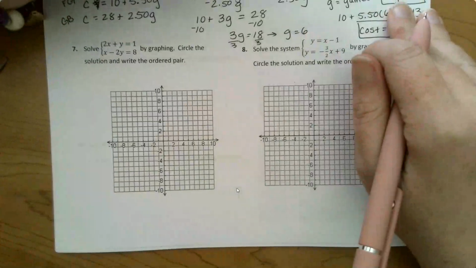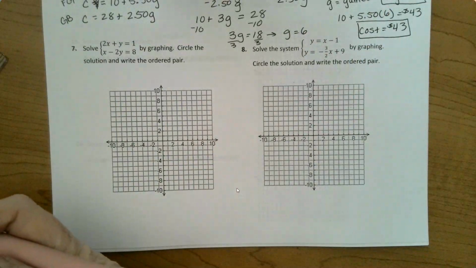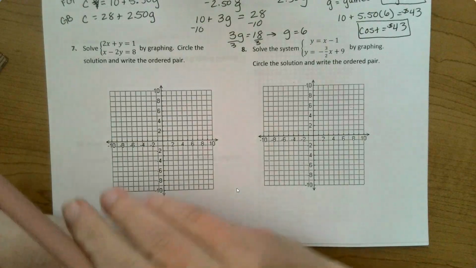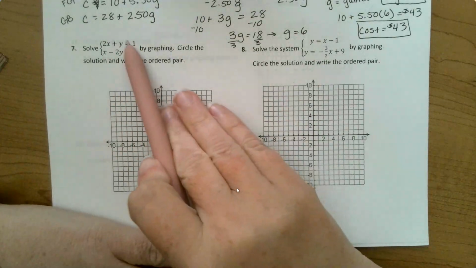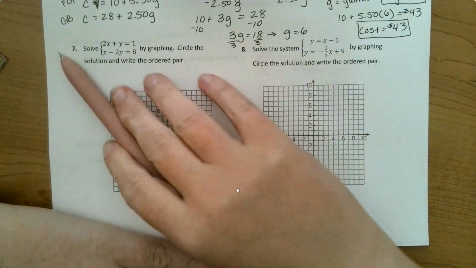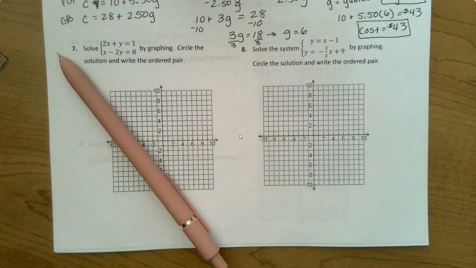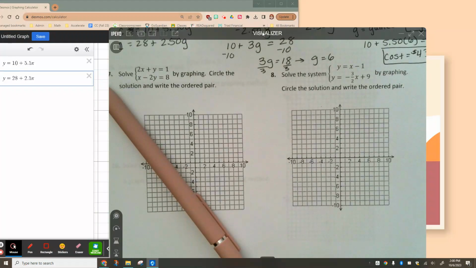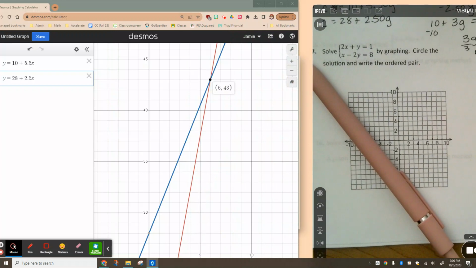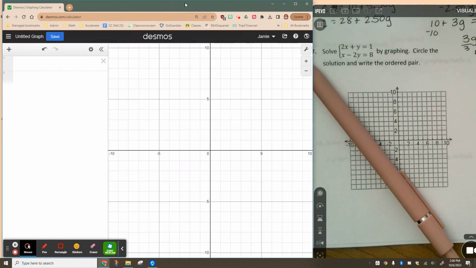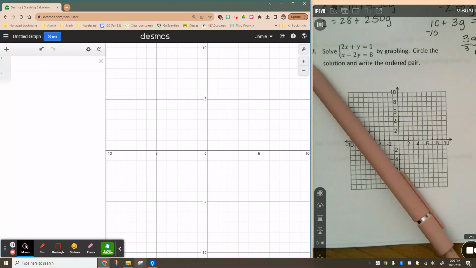7 and 8. We want to solve by graphing. Okay. So I could be really ugly and make you solve for y and then graph it by hand. But let's just go ahead and use Desmos. All right. I'm going to drag this over. Click this, go home. We're going to close these out. Okay.